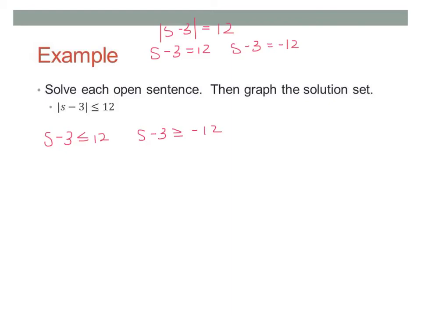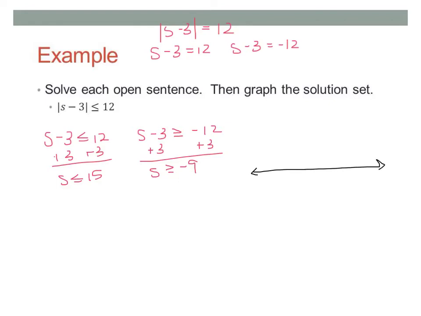So here are our two inequalities. You're going to solve them both. s is less than or equal to 15, and then solve the other one. s is greater than or equal to -9, and if I take a second here to graph it, I'm going to count by threes.